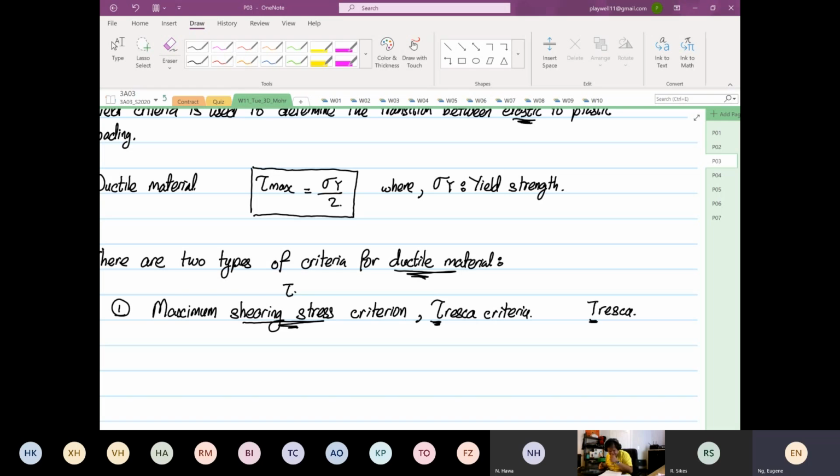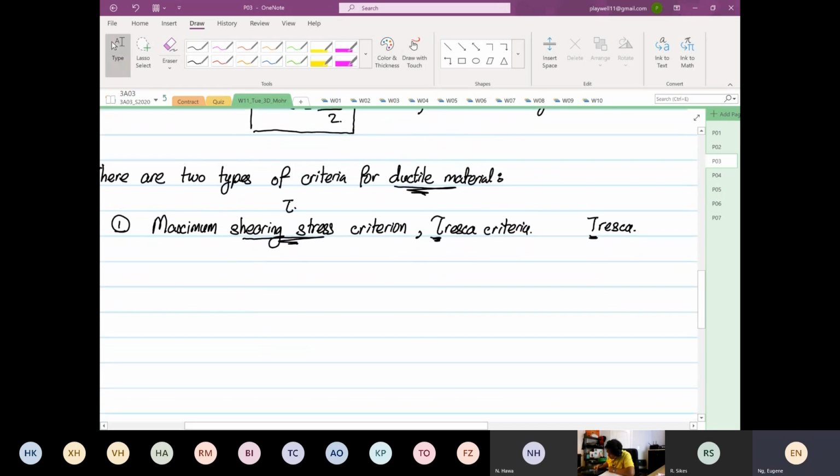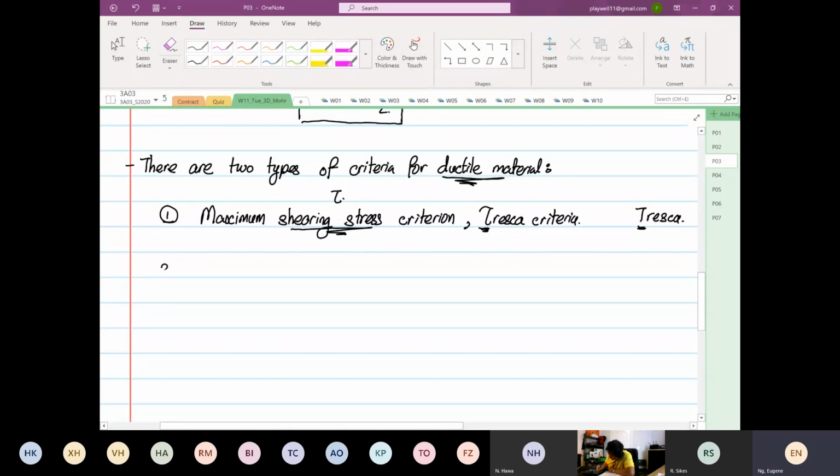And the other criteria, the second criteria, which is commonly used, is what we call the maximum distortion energy criterion.